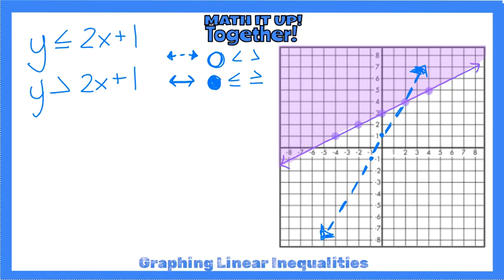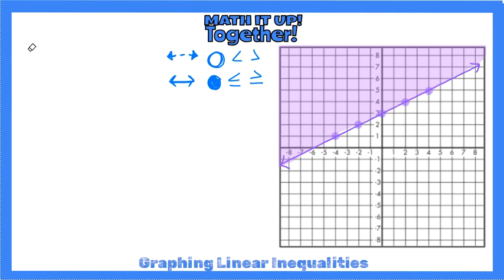All right, so let's go ahead here and look at this first graph to see how we would figure out what the equation, or in this case inequality, is for this graph. Okay, so we know some things to be true right away.